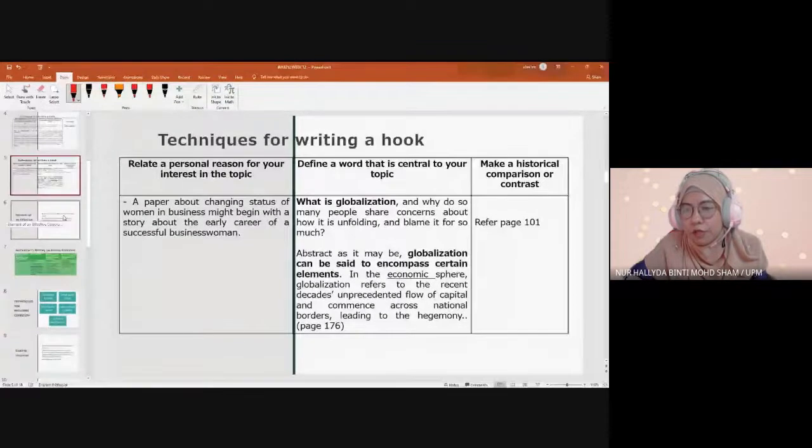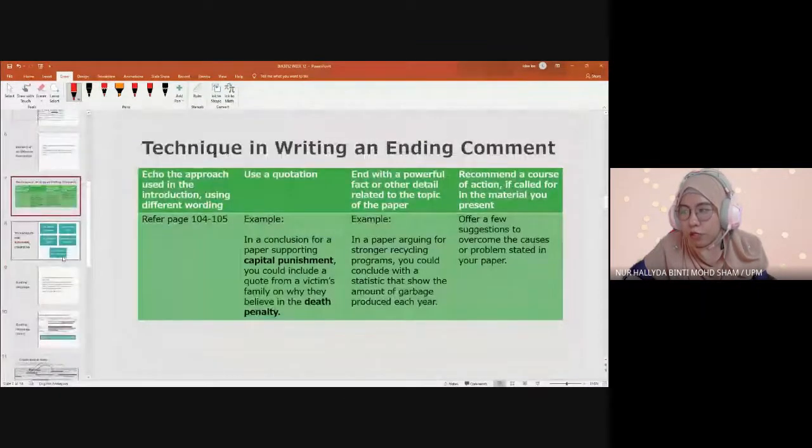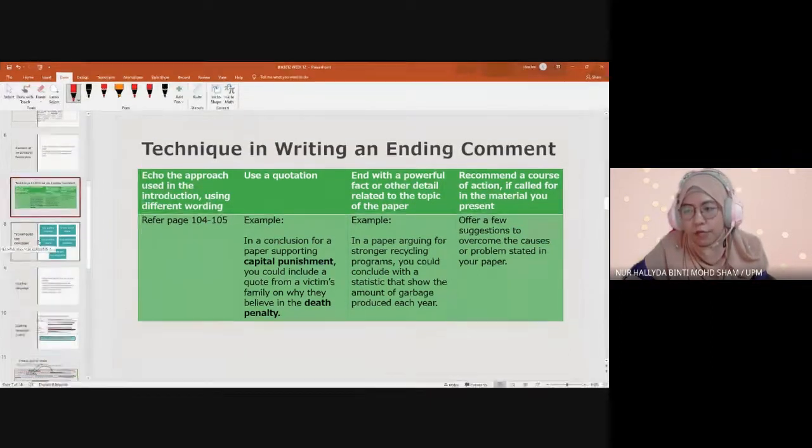When it comes to conclusion, you can use a quotation, or you end it with a very powerful fact or other details, or you provide recommendations or solutions to the problem you are discussing.